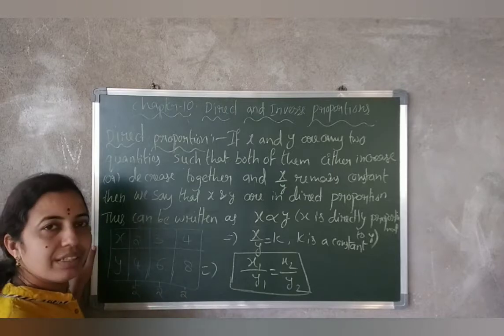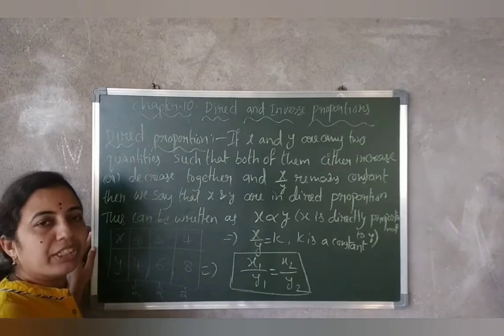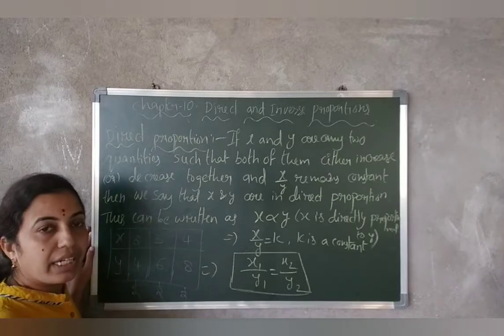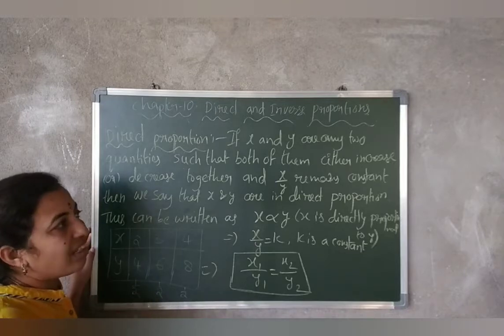All the values are the same. The x by y ratio is the same. So when the x by y ratio is the same, we can say that the two quantities x and y are in direct proportion.